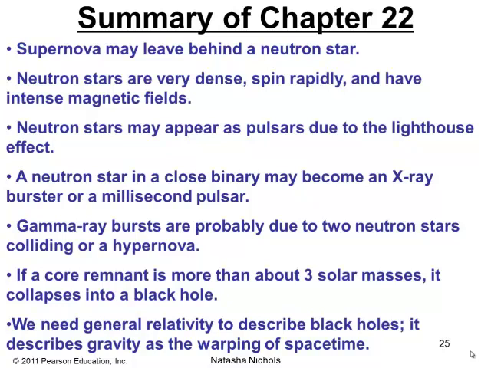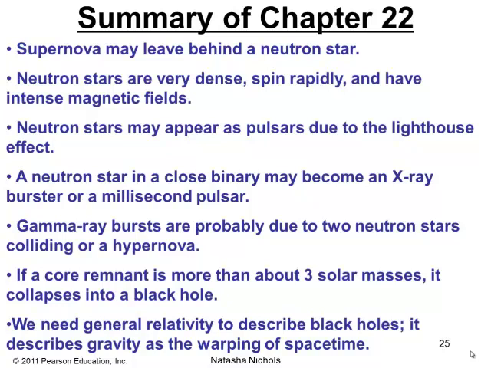A neutron star in a closed binary may become an X-ray burster or a millisecond pulsar. Gamma-ray bursts are probably due to two neutron stars colliding or a hypernova. If a supernova core remnant is more than about 3 solar masses, then it collapses into a black hole.